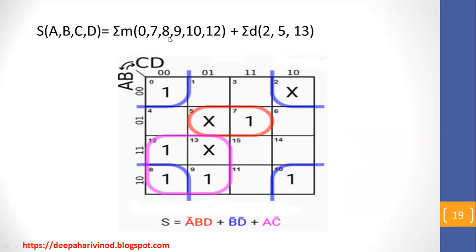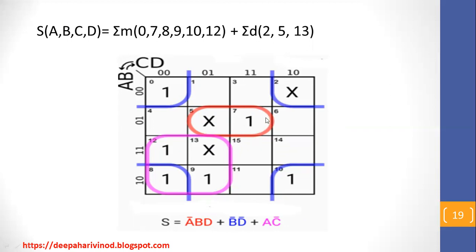Here another example is given. These 4 can be grouped, make it 4 ones. I can choose this don't care. And this corner, 4 ones I can group together, so I can make use of this don't care. And this one is remaining, isn't it?